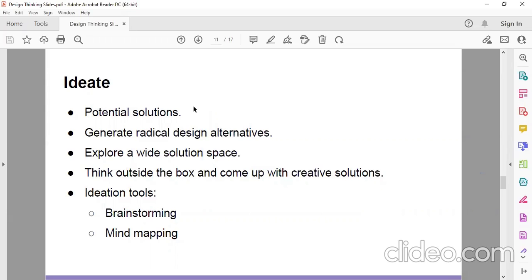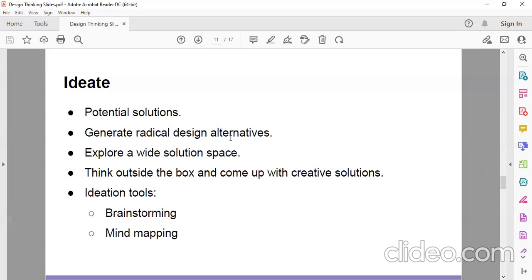Where we try to come up with the solutions that people have never thought of. Okay, so you have to generate creative and very innovative ideas here, right? You have to come up with a great pool of ideas which will lead you to the next phases of this design thinking process, right? So generate radical design alternatives, explore a wide solution space. That is what we discussed so far.